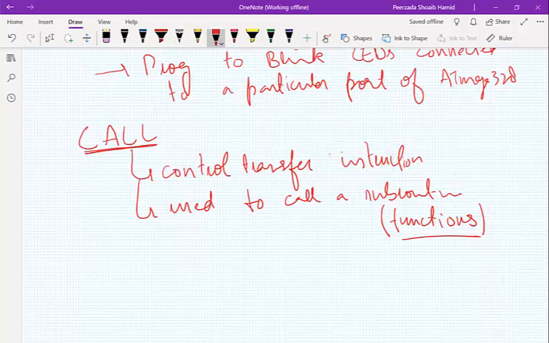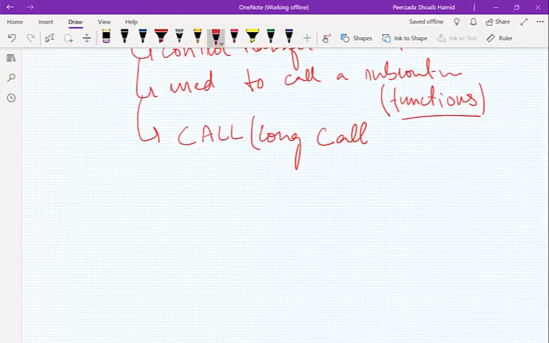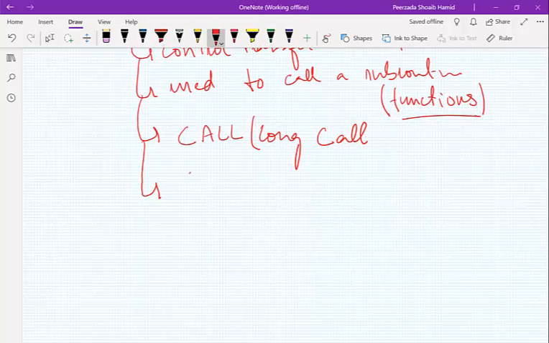We have four call instructions in microcontrollers. We have CALL, the simple call, known as the long call. And again, like jumps, we have RCALL, relative call.